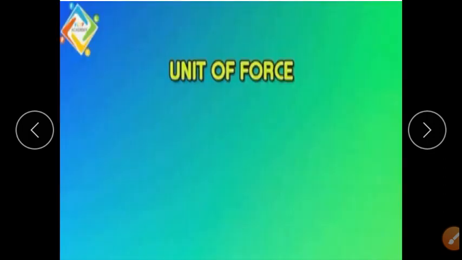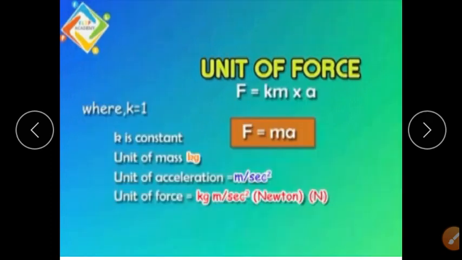Next, let us find out the unit of force. We know the equation for second law, F is equal to M into A. Now to find the unit of force, let us substitute the unit of mass and the unit of acceleration. What is unit of mass?